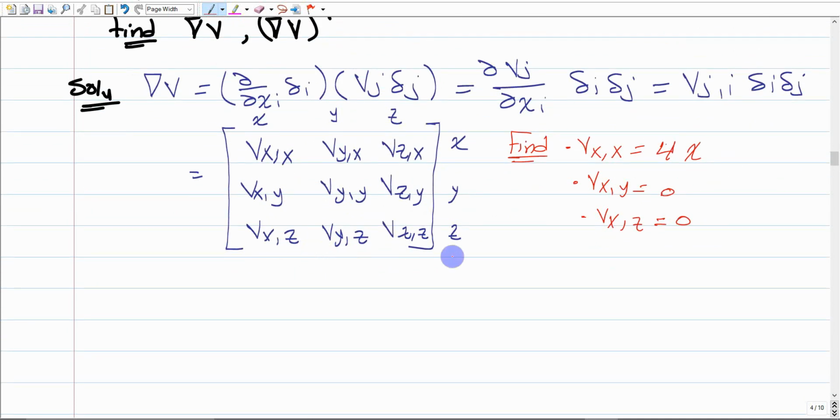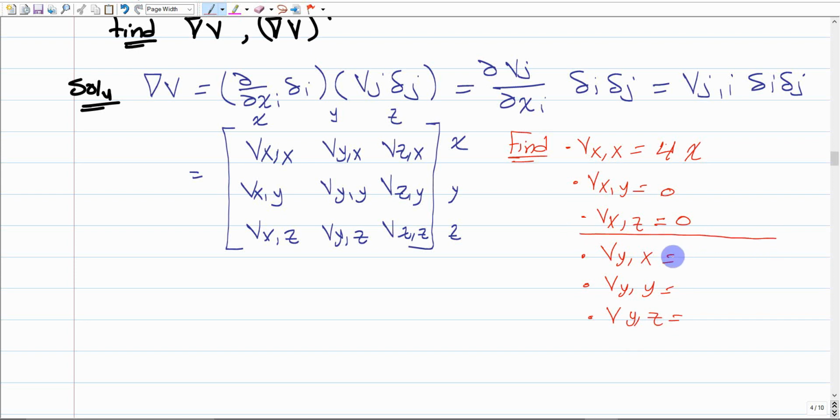How about vy, the second term here? So vy comma x, how much it is? The vy comma y and the vy comma z. These are the first three terms.